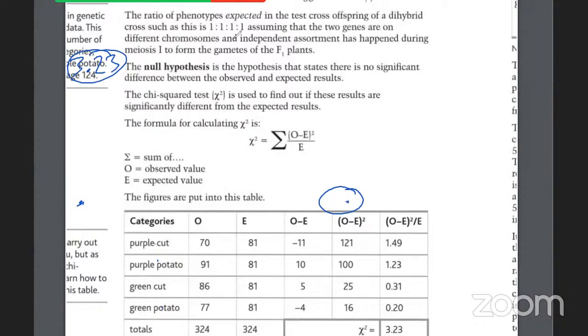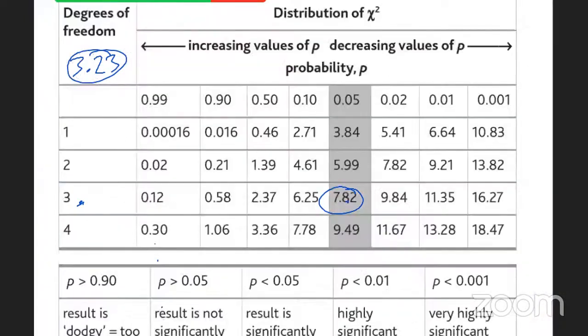So once the calculated answer is less than the critical value, this 7.82, you compare your chi-squared value that you calculated to the critical value. Once it is less, you accept the null hypothesis.